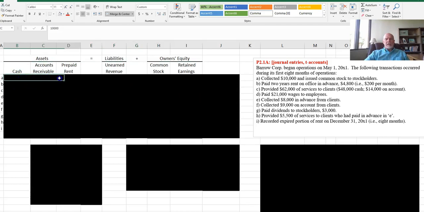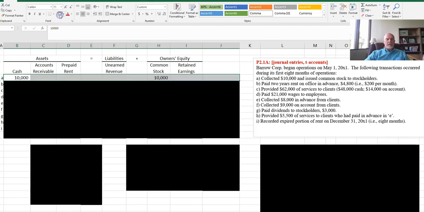The company now has $10,000 of cash that it didn't have before. And that money came from the owners, and we call that common stock. So that represents money that came from the owners. Another way to refer to it is paid in capital, money that came in from the owners.